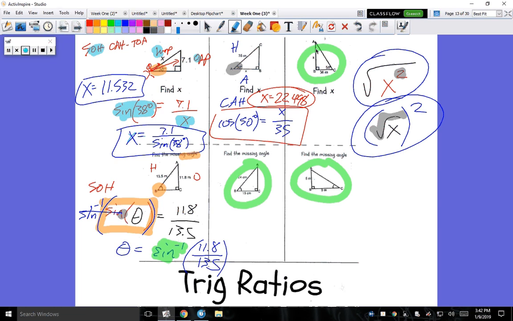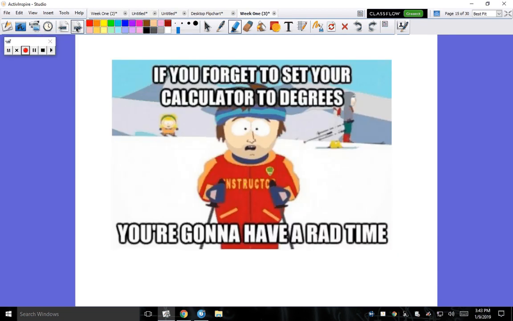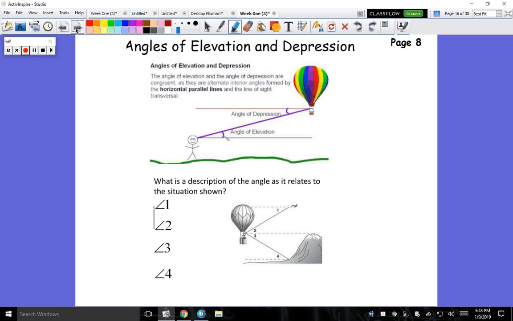Because you have to watch the videos and learn it preemptively at home. So this I'll let you fill in later because I need to make sure that you understand the difference. And there's the answers right there. I need you to know the difference between degrees and radian modes. Make sure that you understand which one's which. You need to know the difference between angle of depression and angle of elevation.